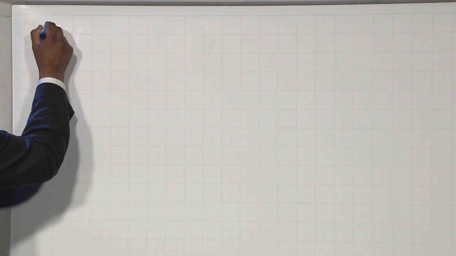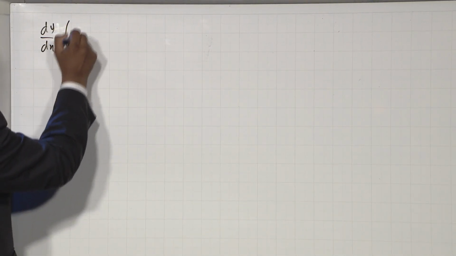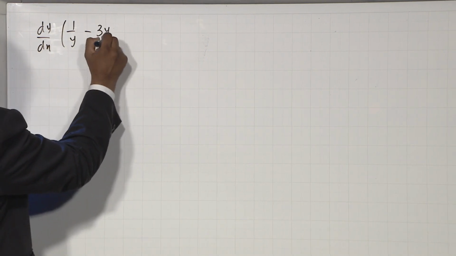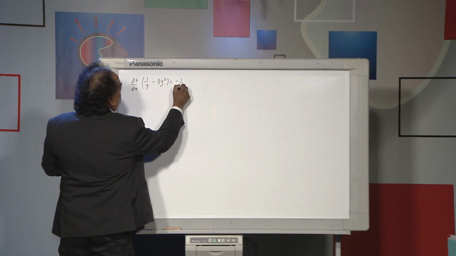The LCM gives us (1 minus 3y cubed) over y, equal to minus 1 over x.